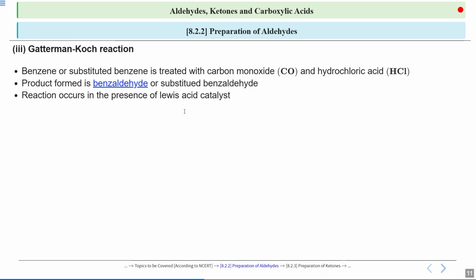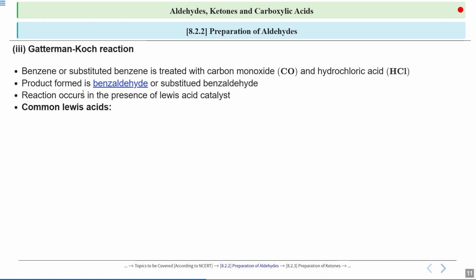For this reaction to occur, we need a Lewis acid catalyst. A catalyst speeds up a chemical reaction without getting consumed.